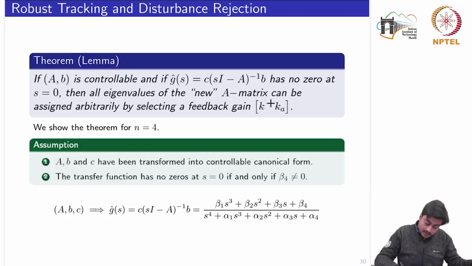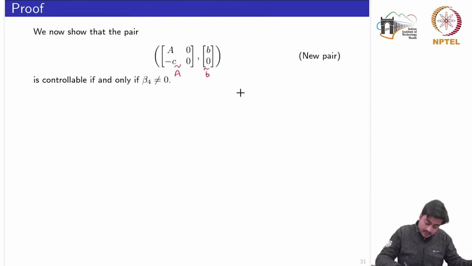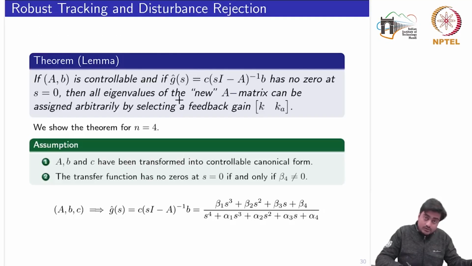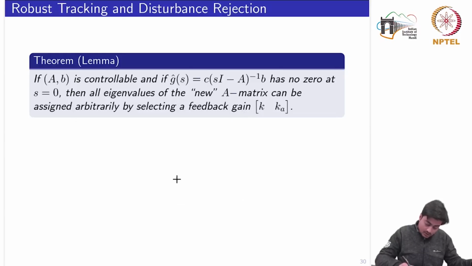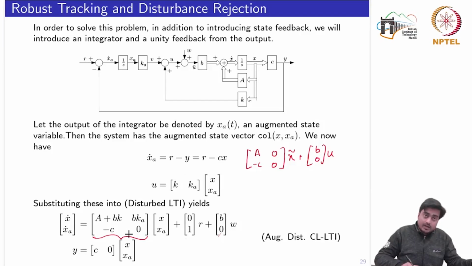First of all, it should be clear why showing the controllability of this pair proves this lemma. Again, consider the fact that this closed loop state matrix is obtained for the augmented plant given by this one.